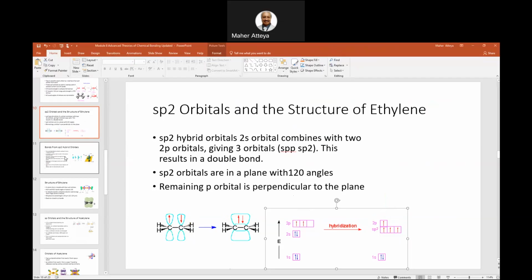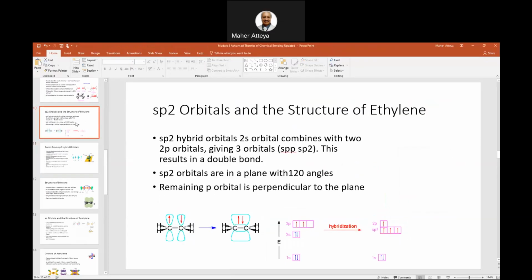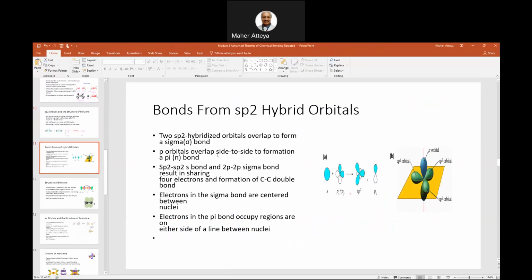So let's look at this. This is what we said, sp2, the same thing with the double bond. We have double bond sp2 on carbon and sp2 on carbon-hydrogen.